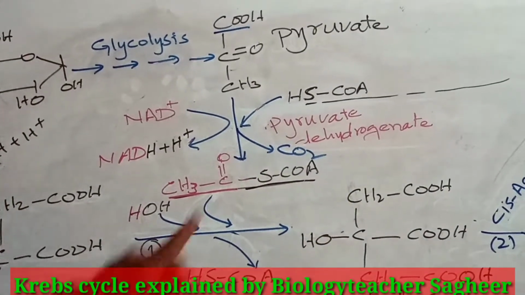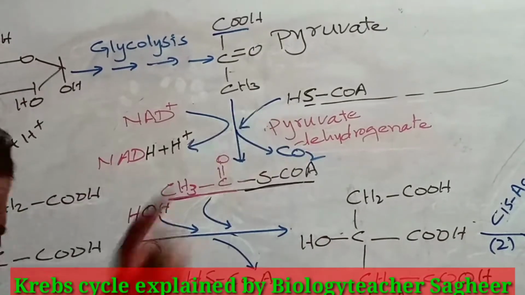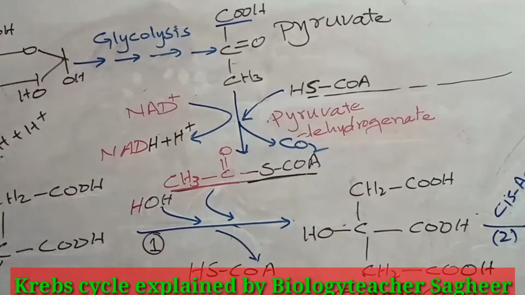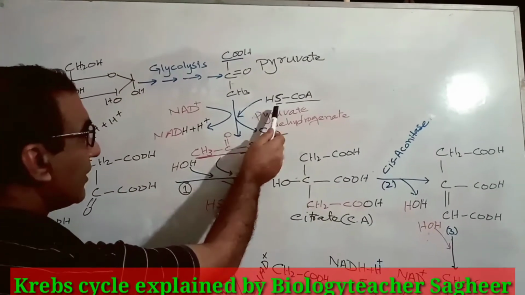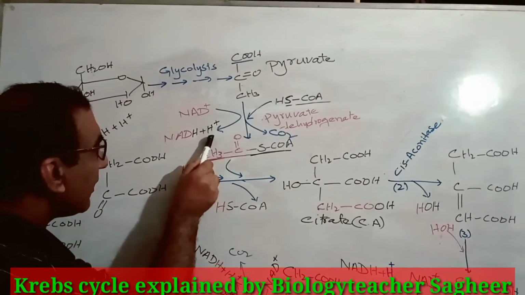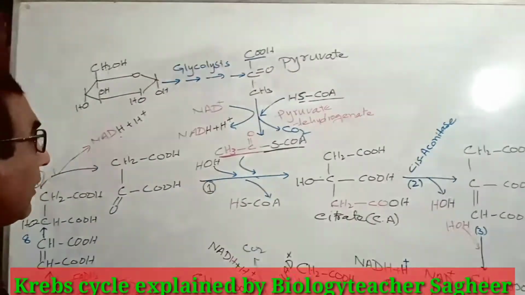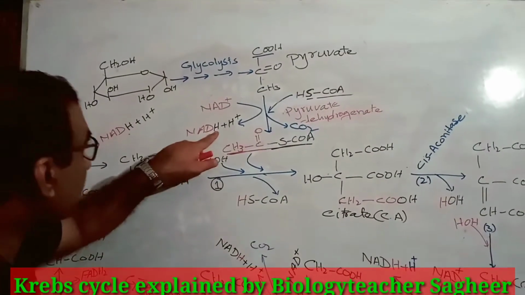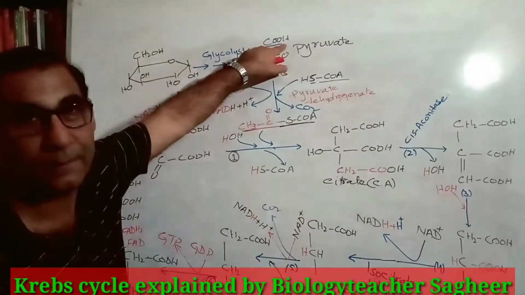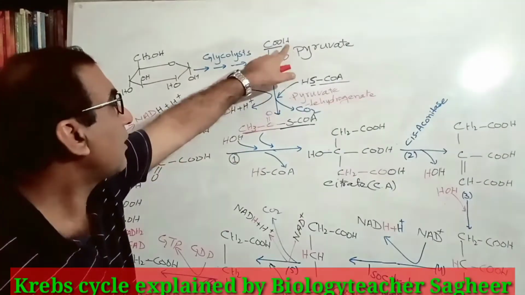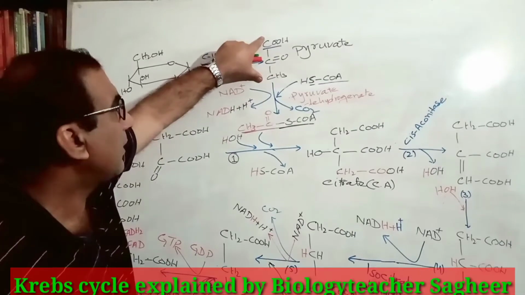Where has this hydrogen gone? This is that hydrogen, and it has come from the carboxylic part of pyruvate.